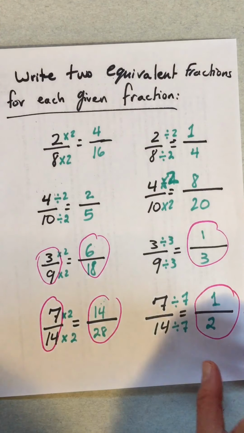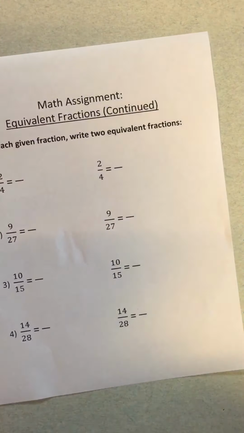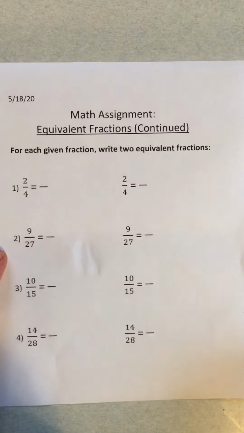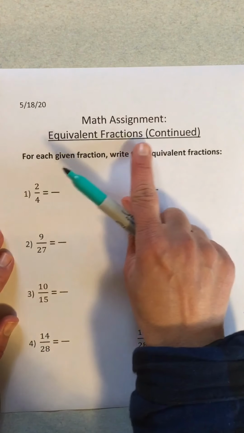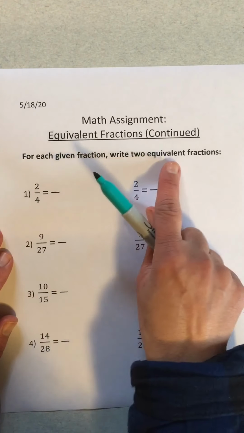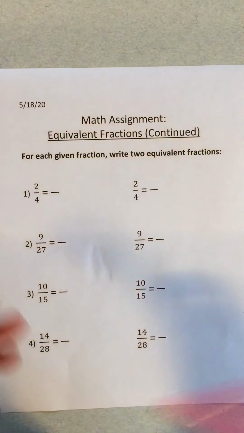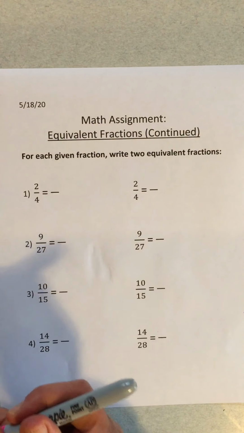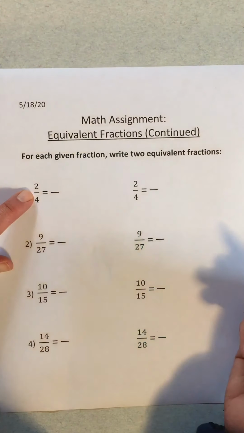Let's take a look at our assignment because this is it for our lesson. Here's our assignment. Math assignment. Equivalent fractions continued. For each given fraction, write 2 equivalent fractions. I'm going to do an example with you for the first one. 2 over 4, I can divide or multiply.